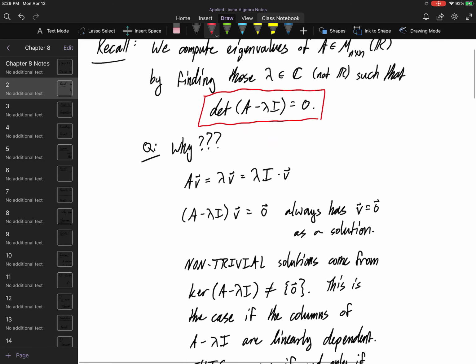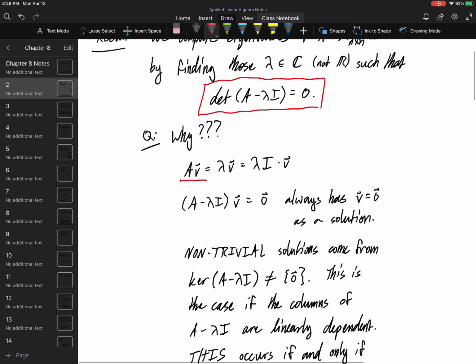So let me remind you, in our definition of eigenvalues and eigenvectors, we have Av necessarily being equal to lambda times v. Now, lambda times v, I can just as easily write by putting in an extra factor of an identity matrix on the right side. Now, why would I do that?